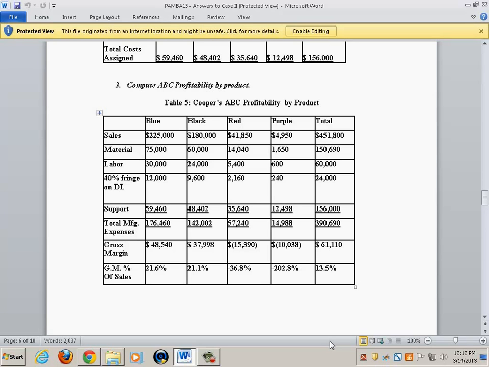You see, it's margin as a percentage of sales. So you ask yourself, this gross margin figure, what is it of dollar sales, right? Gross margin for ABC system is different. Traditional accounting system.